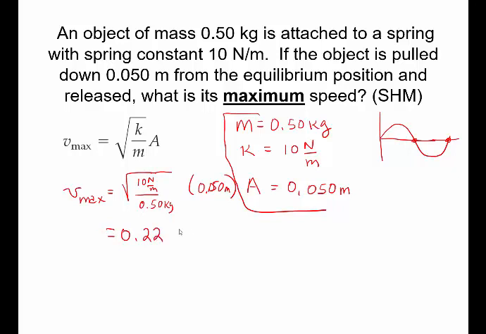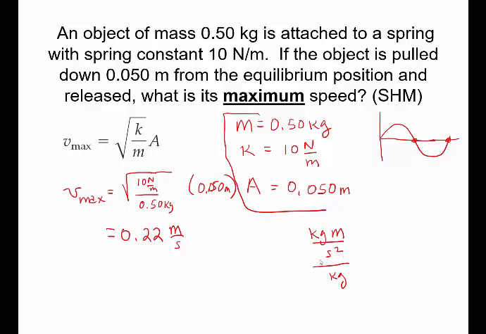And I know that the units have to be meters per second because I used SI units. How do I know that? I could take apart the newtons. A newton is a kilogram meter per second squared, over kilograms, and over meters.